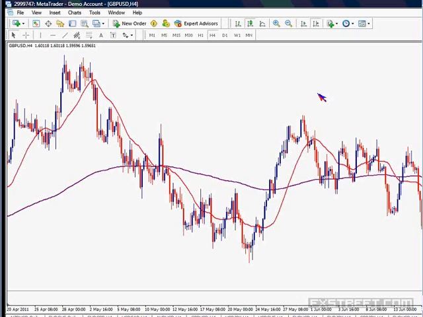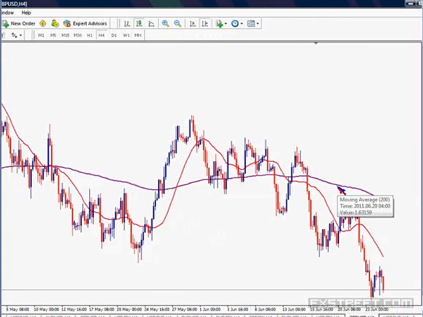Anyway, as I was saying, a way to use the exponential moving average, not only as signal triggers or crossovers, is to use large ones, 50, 60, 100, 200, as dynamic support or resistance areas for intraday trading, okay? That's why I take a look at the 4-hour chart. In fact, if you look at my chart, you will find that I have this purple 200 exponential moving average on almost any pair except Japanese yen ones.